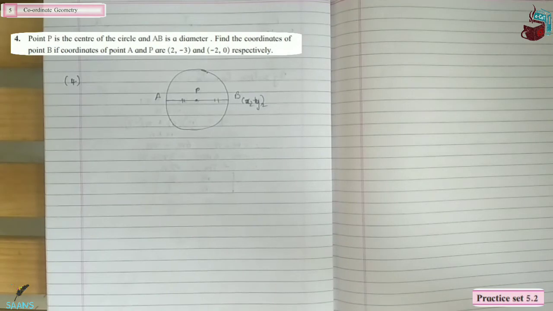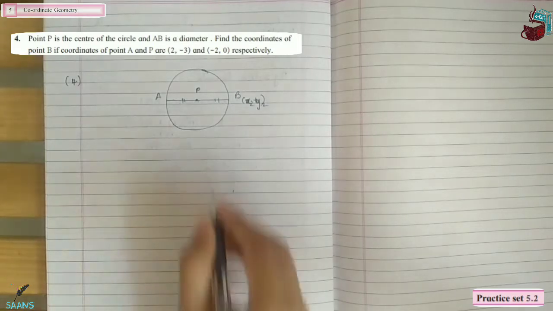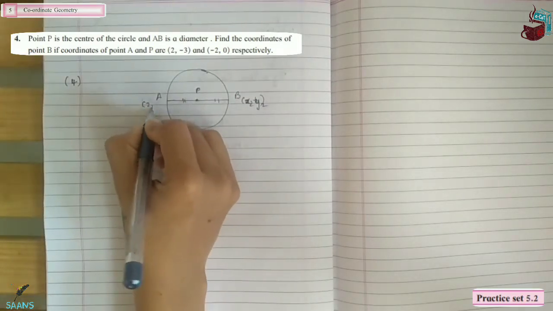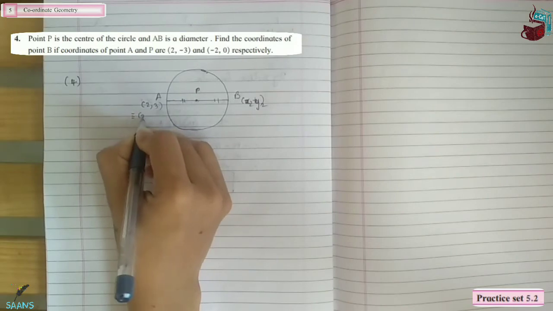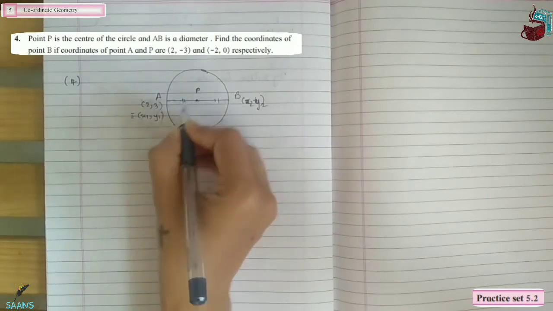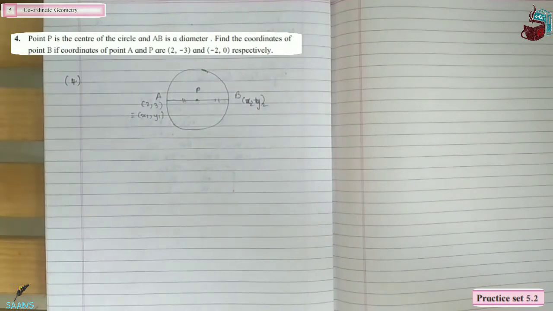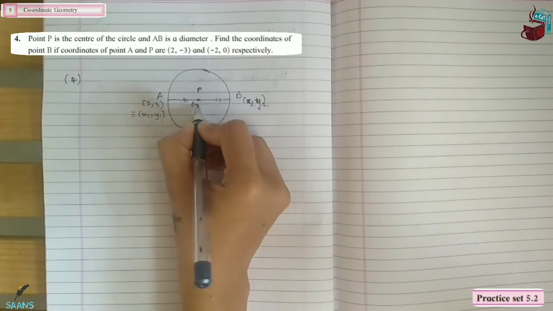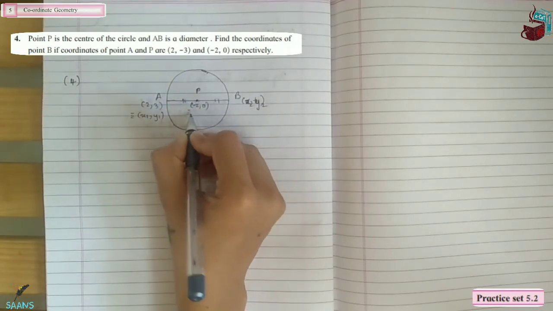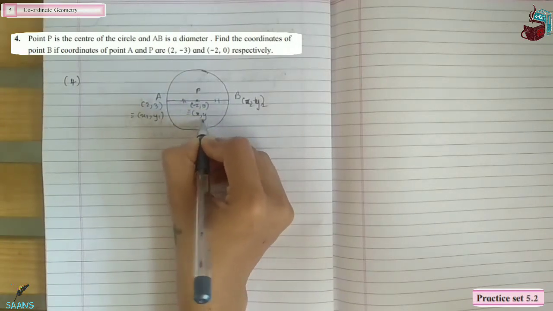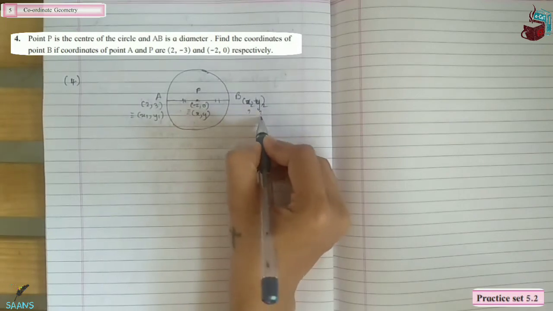Then A is (2, -3), that is x1, y1, and P is (-2, 0), that is x, y, and we do not know x2 and y2.